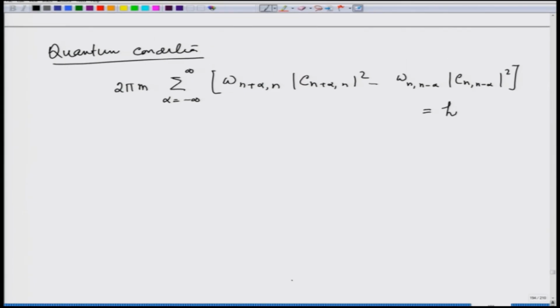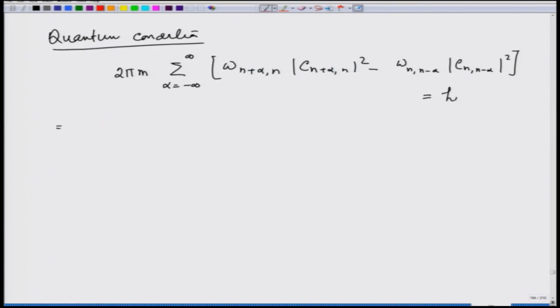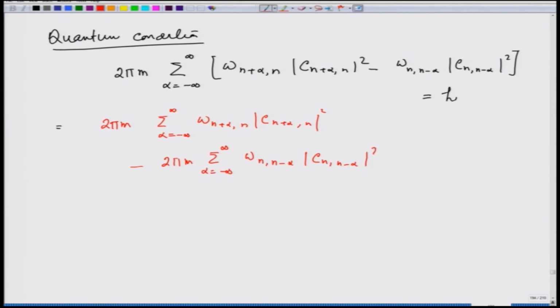I can do even better and write this as 2 pi m summation alpha equals minus infinity to infinity omega n, n plus alpha c n, n plus alpha mod square, minus 2 pi m summation alpha equals minus infinity to infinity omega n, n minus alpha modulus c n, n minus alpha mod square equals h. I am going to change the second term.